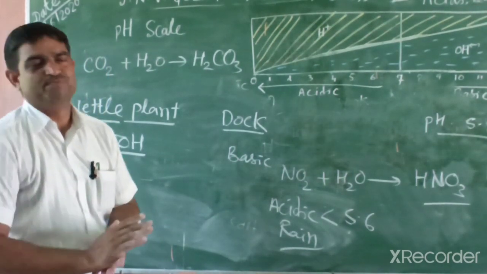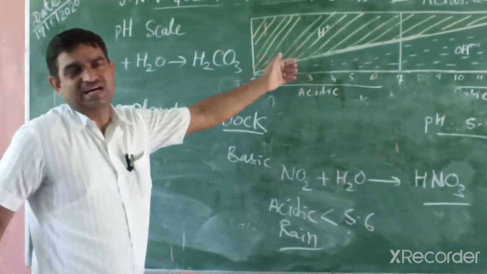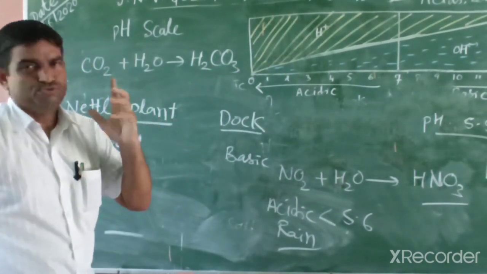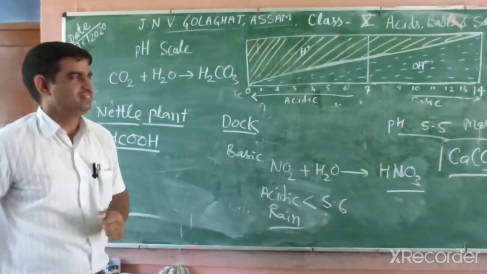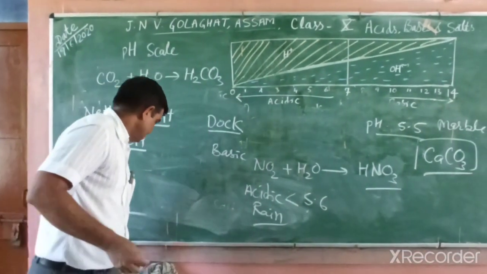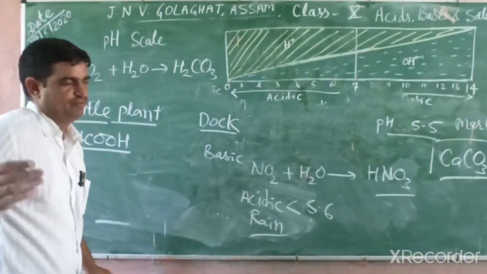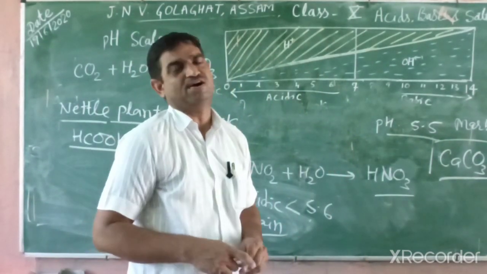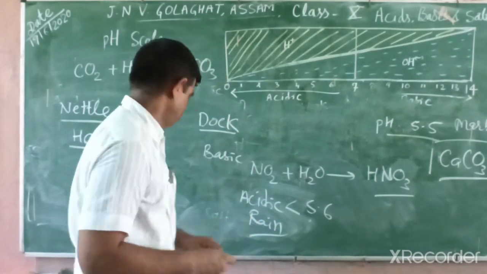So these are some importances of pH in our daily life: in the digestive system, in tooth decay, in self-defense, and some chemicals in lemon juice. Last year a question came: which acid is found in tamarind or lemon juice?